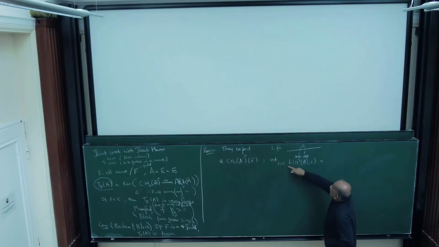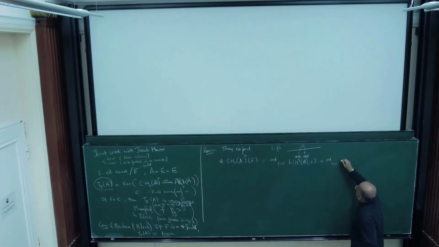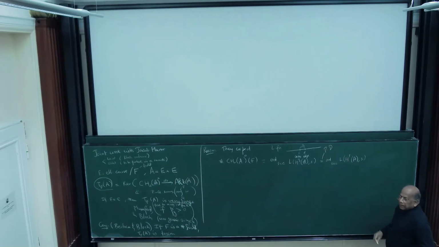But in any case, this order is the same as the order at the center in a different meaning for the L function of H1 of AS. And this is by Poincare duality, which tells you that's true.